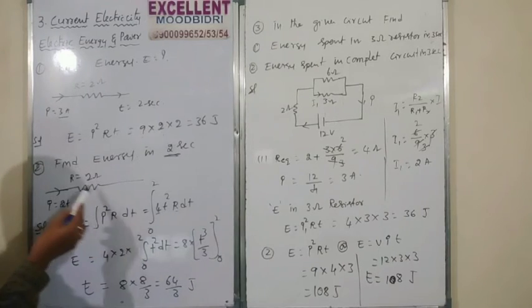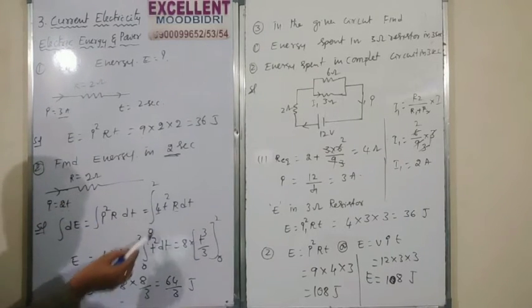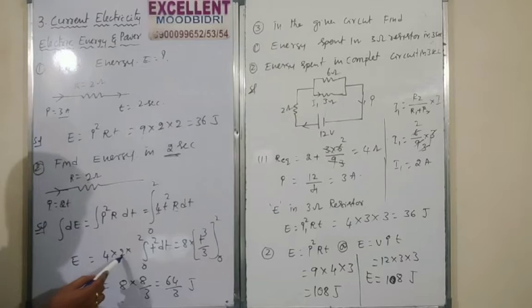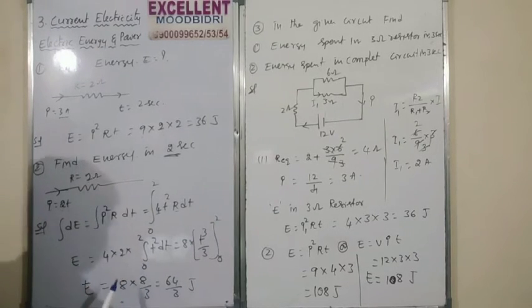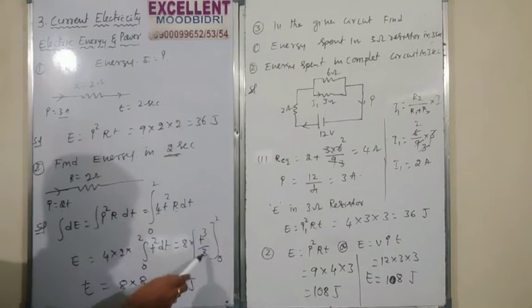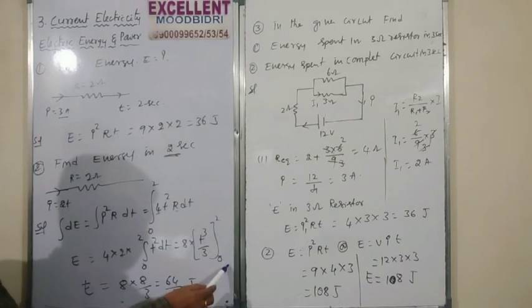R value is 2, so 4 into 2, 8. So 8 into integral t square dt. Integral t square dt is t cube by 3 only, na? T cube by 3. The limits are how much? 2 and 0. So 2 cube is 8.